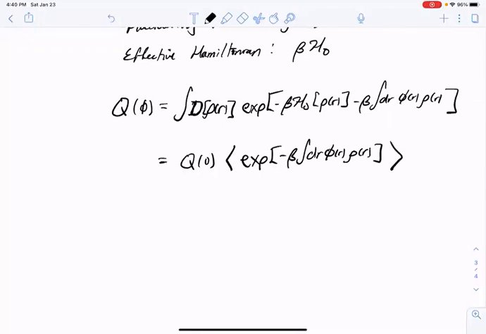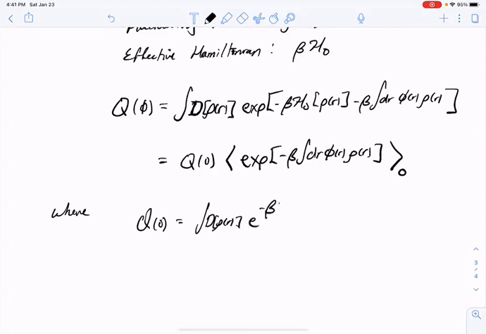In this case, of an exponential of minus beta, an integral over the field weighted by the density, evaluated in the absence of the field. Where, just for concreteness, Q naught is the path integral over all possible density fields, weighted by just the reference part of the Hamiltonian.